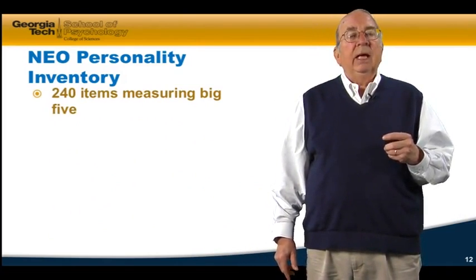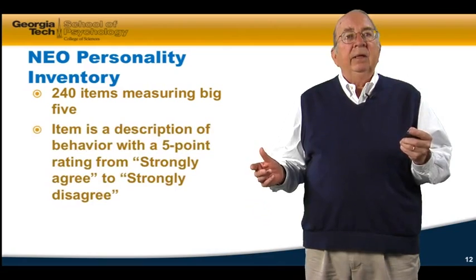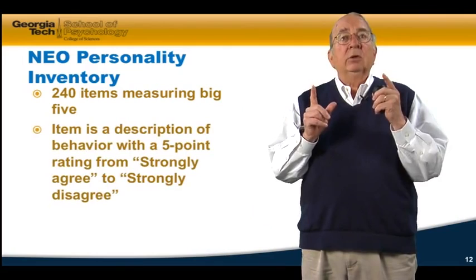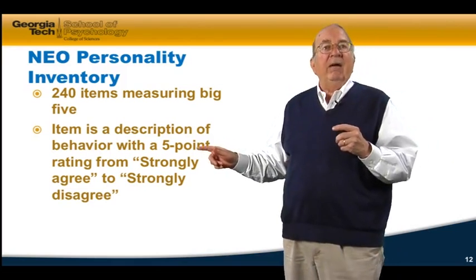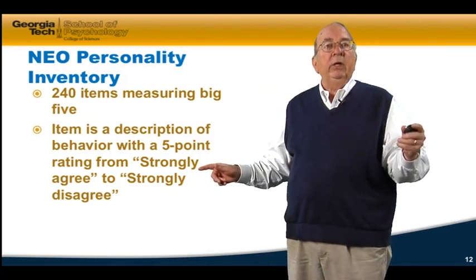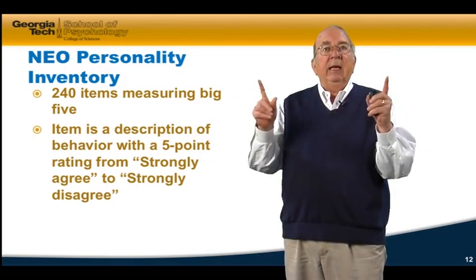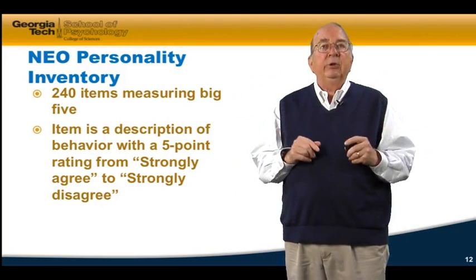Now, the NEO has 240 items measuring the big 5. Items are a description of behavior, like I like to talk with friends, a behavior, and you would answer it on a 5-point scale from strongly agree on one side to strongly disagree on the other. So you're getting an idea on a 5-point scale of the extent to which that behavior describes you.